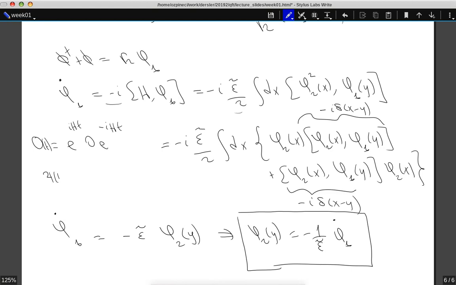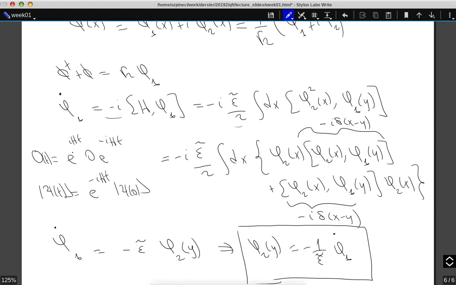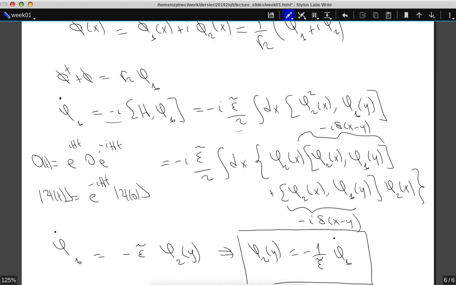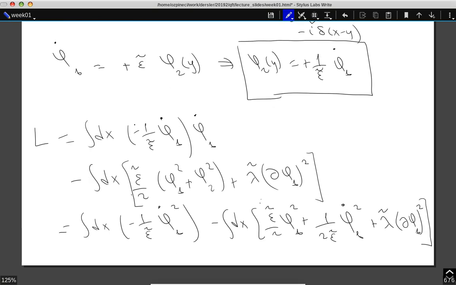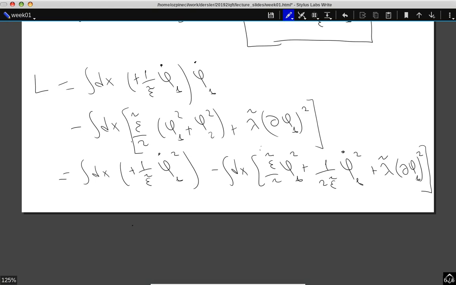What is the time evolution in Schrödinger picture? E to power minus I ht. Okay, so this is minus, here we have the plus sign. So if we take the derivative of this plus sign, so this is plus. So this is plus, this is plus. Okay, fine.